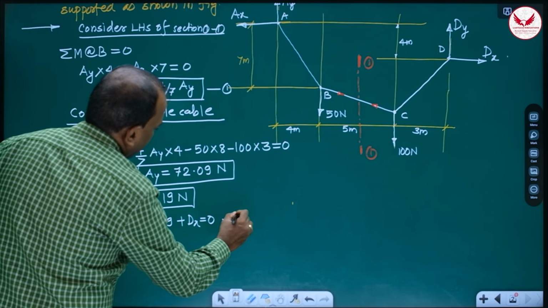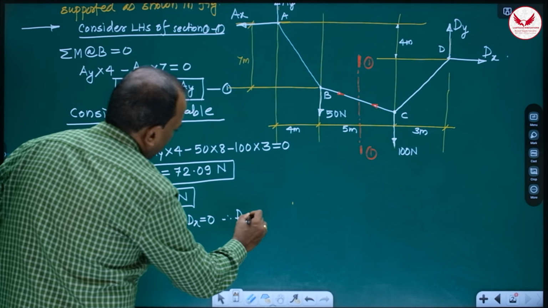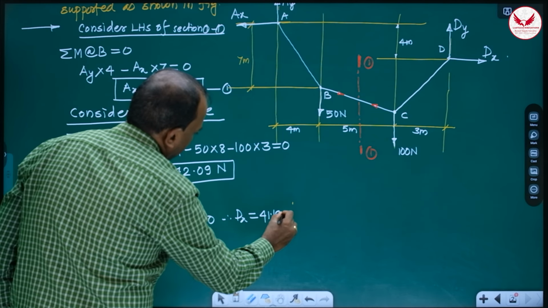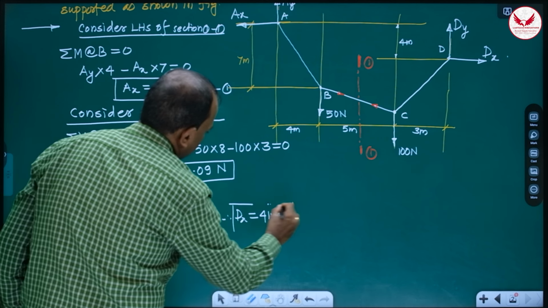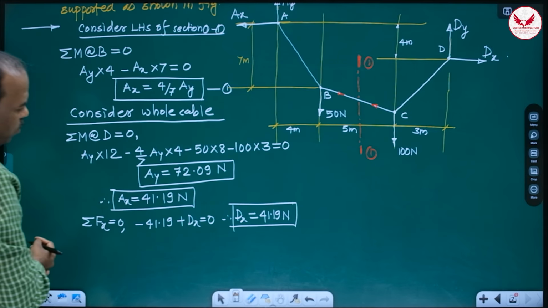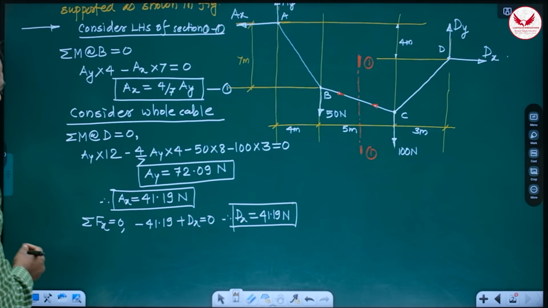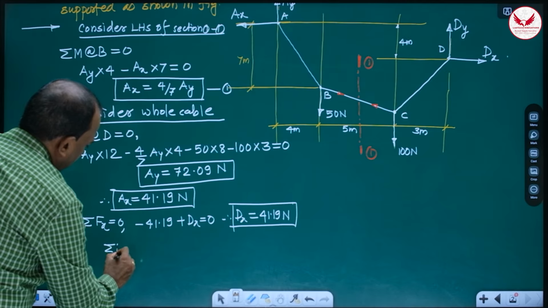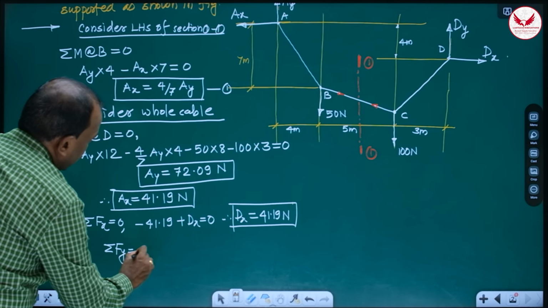Hence, we get DX is equal to 41.19 Newton.